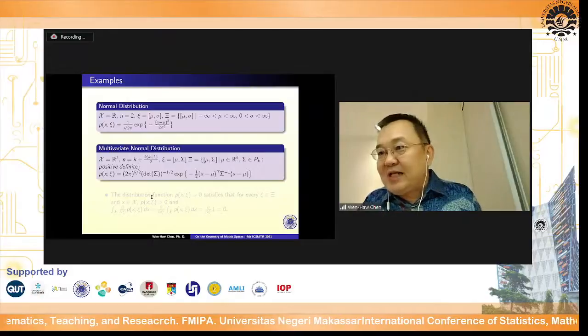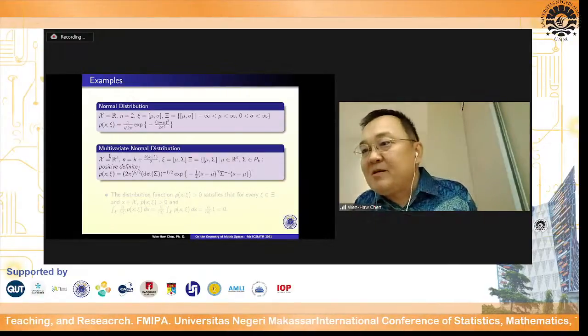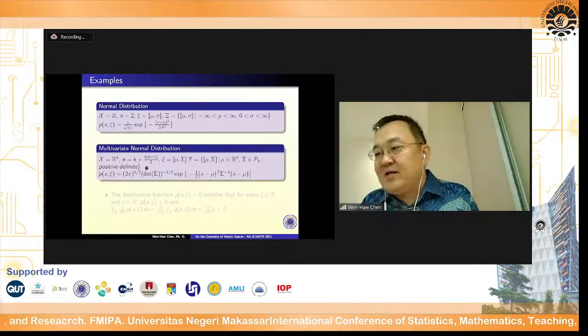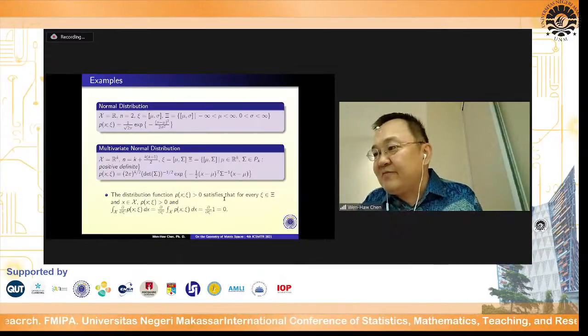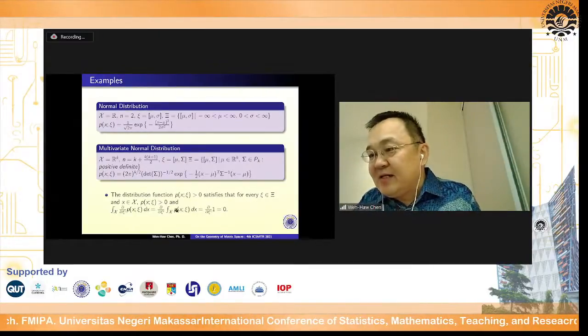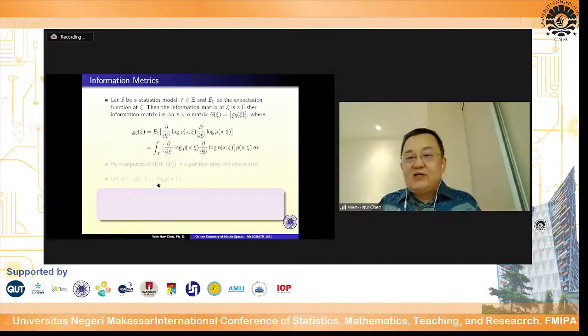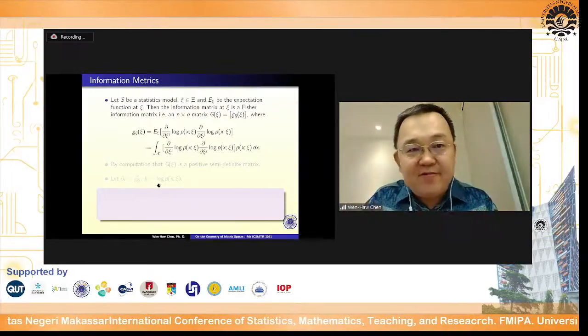For example, we can use the normal distribution or the multivariate normal distribution, whose distribution function satisfies this formula. Okay, so now the statistical model is a differentiable manifold.